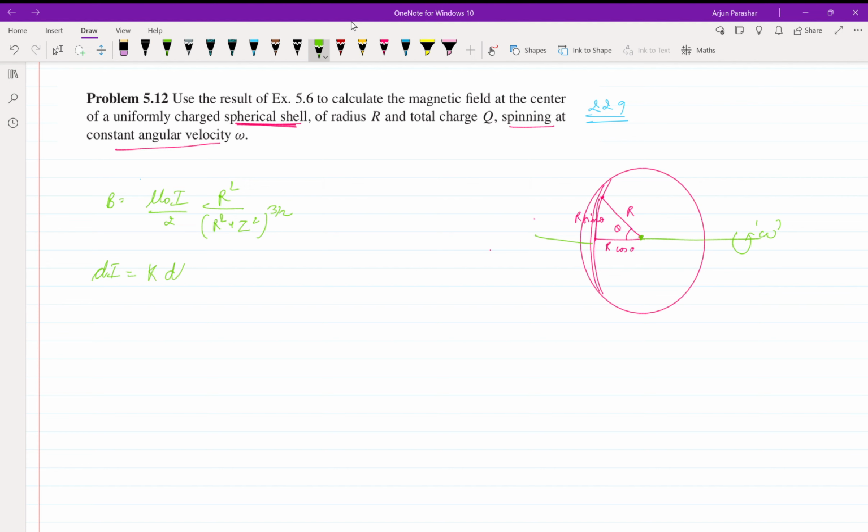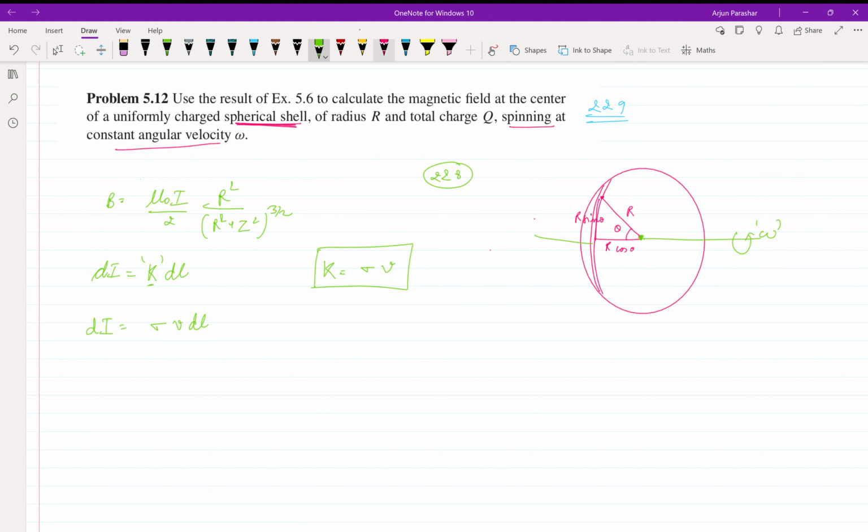dI is equal to K dl, where K is the current density. All right. And we very well know that current density can also be written in terms of surface charge density, which is sigma v. You can read the previous pages of Griffiths Electrodynamics, I guess it is given on page number 228 or something like that. So we'll just substitute these values here, sigma into v into dl.